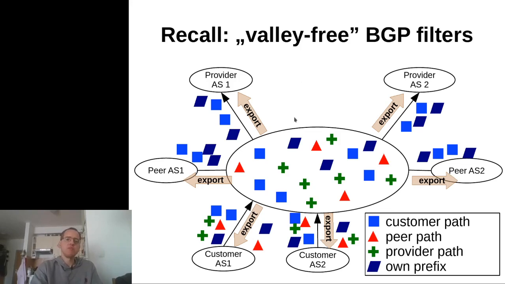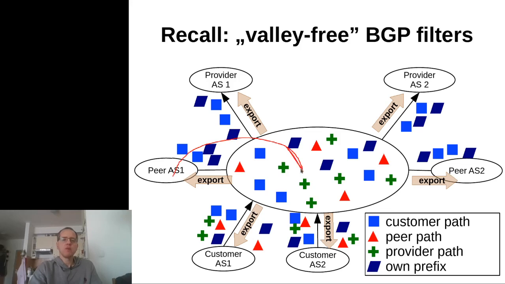This is a very simple rule we have to just follow. To customers, we export all types of announcements with all types of labels, be that customer, peer, or provider paths, because we want customers to be able to route along any type of these paths. The difficult part is through peers.